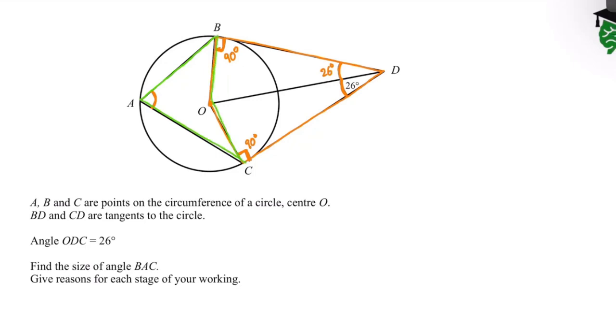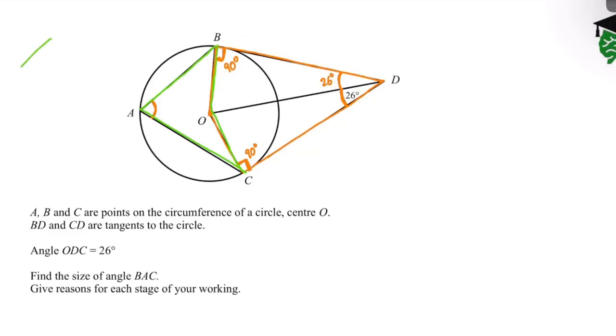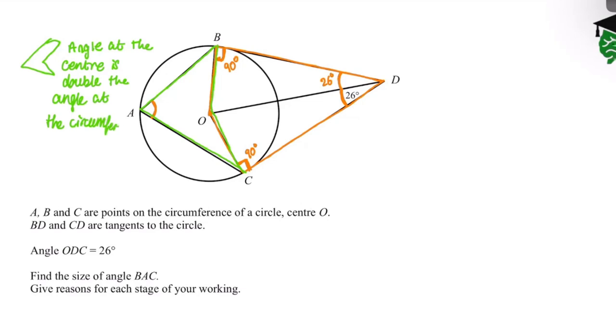And when we have this sort of shape, you know that the angle at the center is going to be double the angle at the circumference.